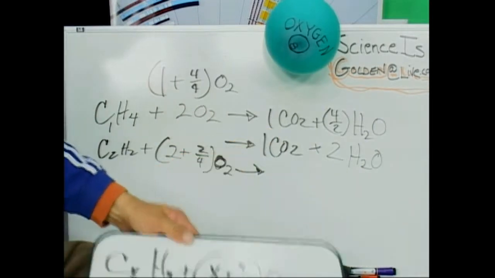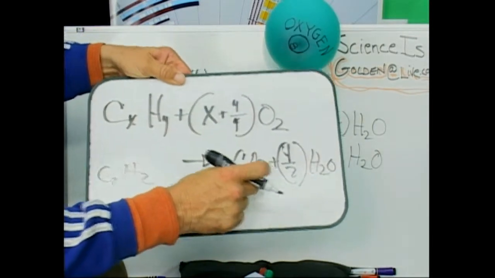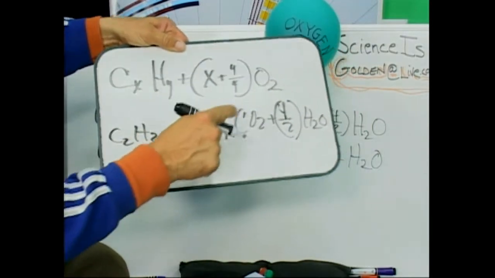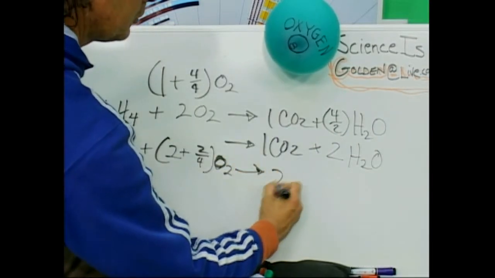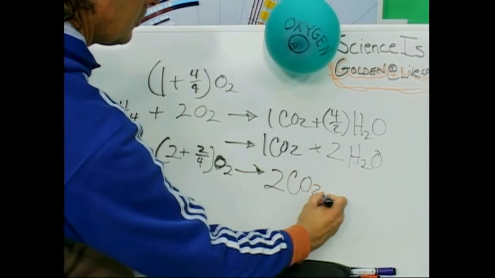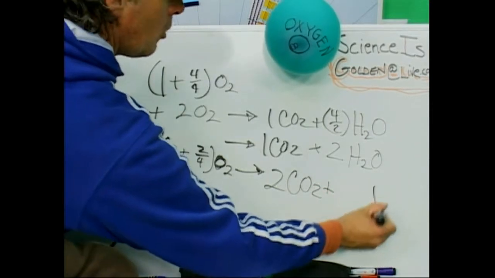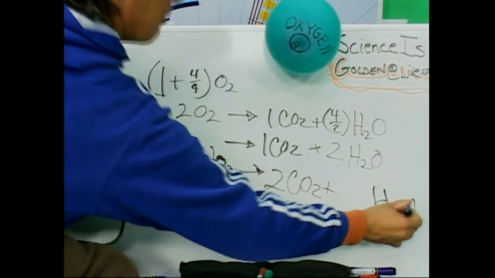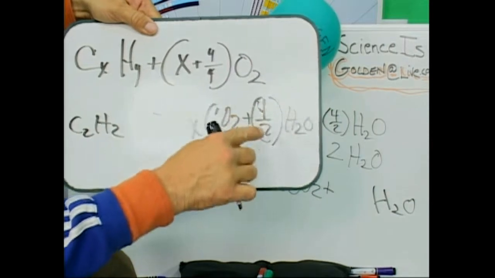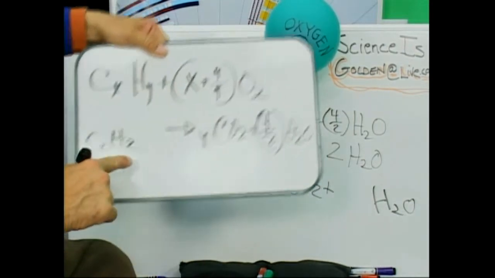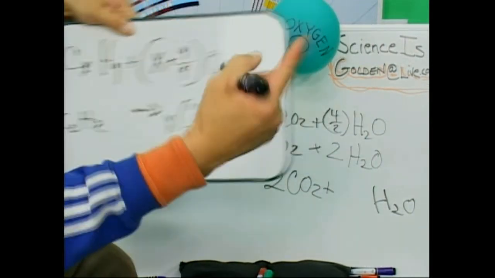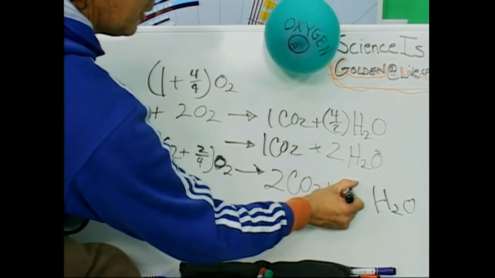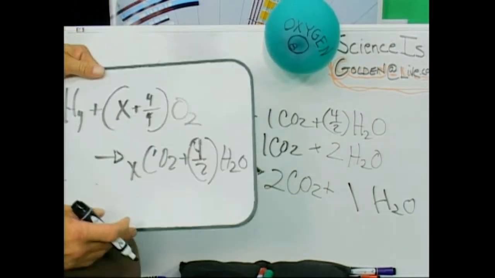It's going to go on to create x CO2s. x in this case is 2, so 2 CO2s plus, this is going to be our water now. The water gets y over 2. So y in this case is 2 again. So 2 over 2 just equals 1. So in this case we're going to get 1 water.